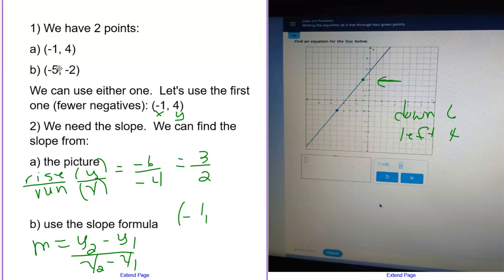It does not matter. So I'm going to call this point 1. If that's point 1, this is x1, y1. This is point 2, so this is x2 and y2.